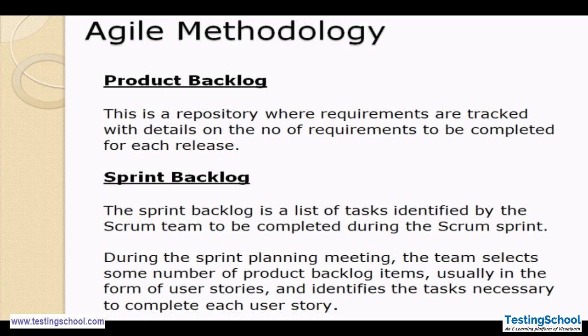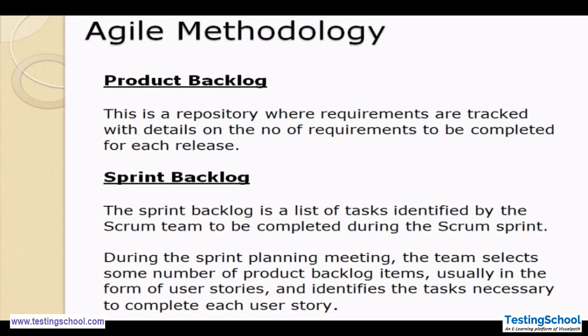Then we have a sprint backlog. So sprint backlog is derived from the product backlog. In product backlog we have all the user stories. In sprint backlog we take our requirement from the product backlog, what we are going to cover in the current sprint.